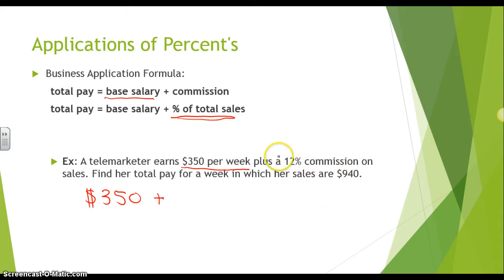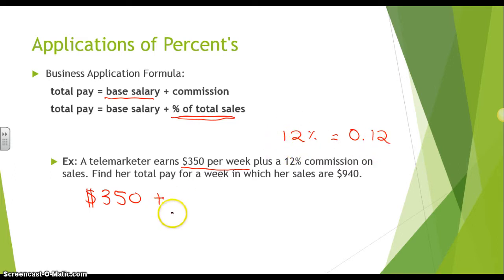Remember, when we're working with percents, we need to change them into decimals. So if I have 12%, to make that a decimal, it just becomes 0.12 because I moved that decimal 2 places to the left from percent to decimal.